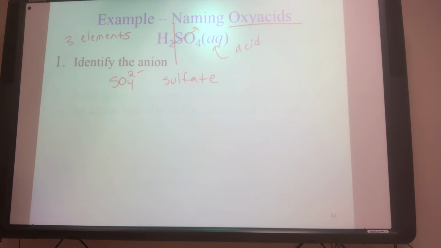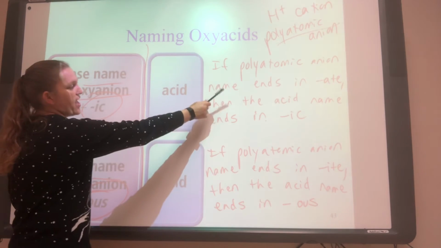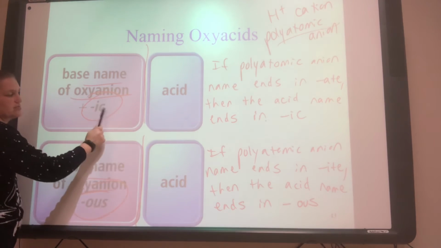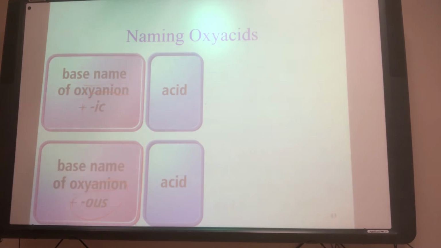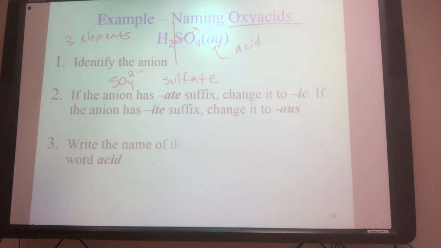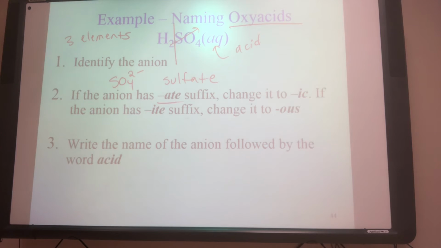So now that I know he's an -ate, I go here and follow these rules. Ates are going to become ics, where ites become ous's. So since it has the -ate suffix, I'm going to change it to -ic. So it's going to be sulfuric. Now you might say, why isn't it sulfic?